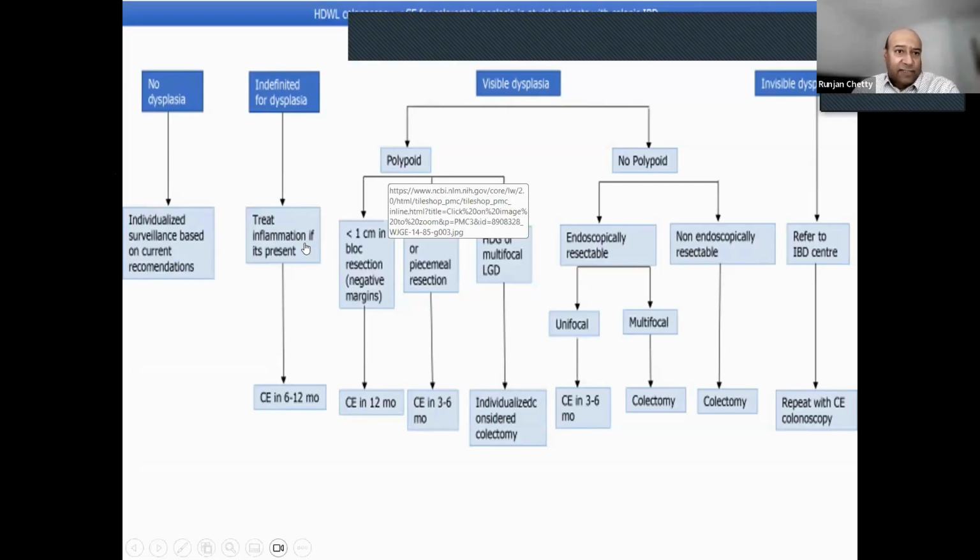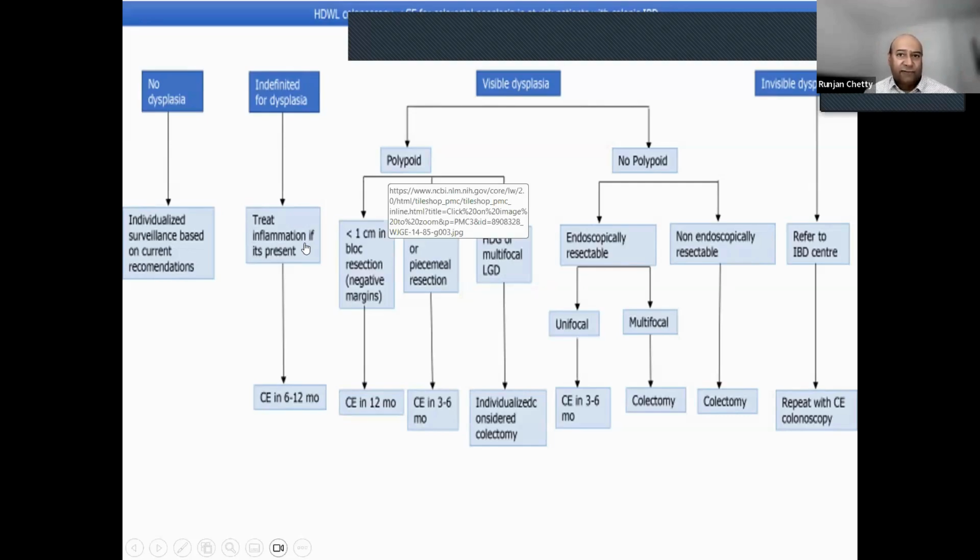Again, in Barrett's esophagus, indefinite for dysplasia has been used by many in the presence of ulceration and acute inflammation, and this indefinite for dysplasia here alludes to that particular scenario. As I said, if there is ulceration and inflammation, there's every reason why the bowel looks the way it is. Say it is inflamed, ask for a repeat biopsy, because indefinite for dysplasia is a cop-out, in my opinion.